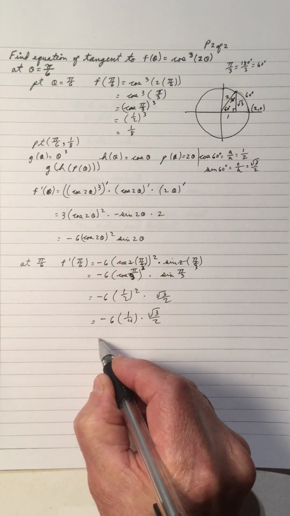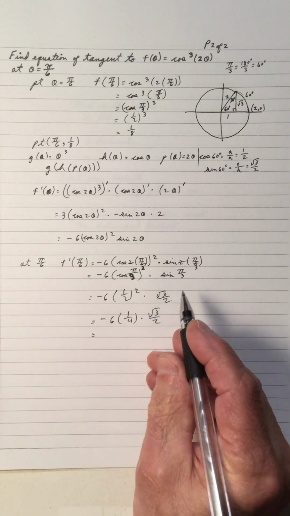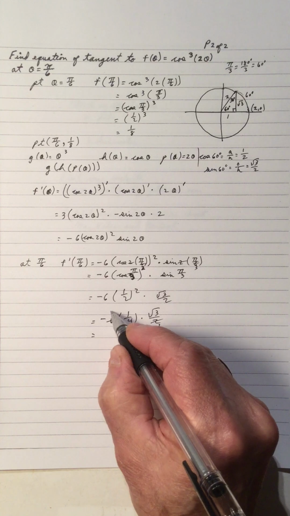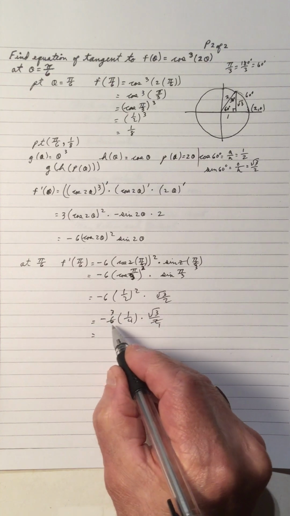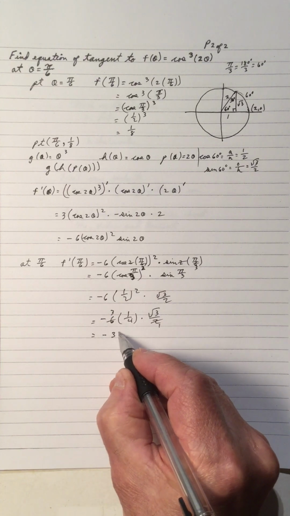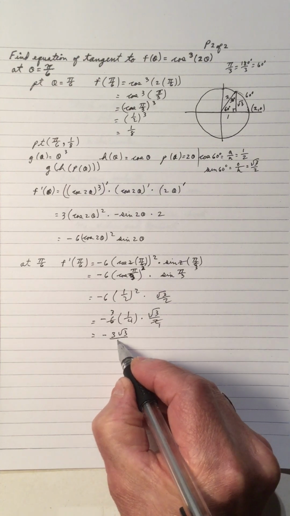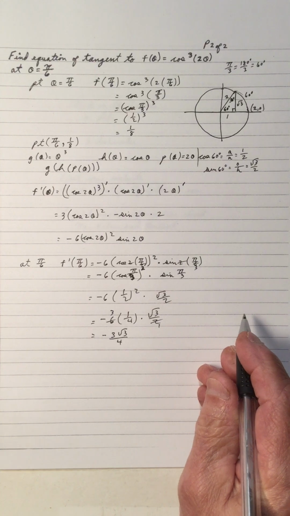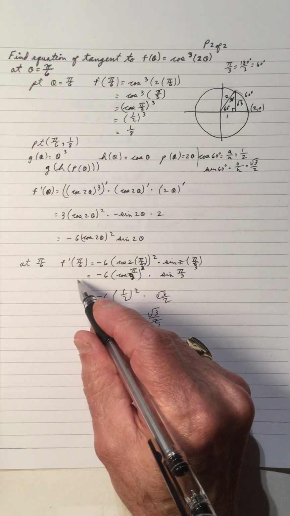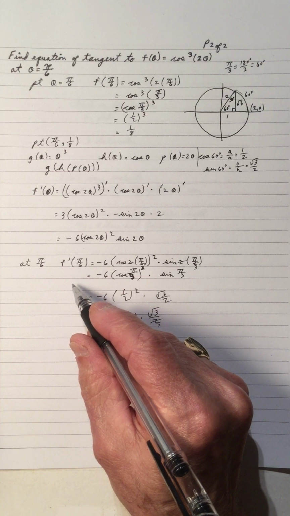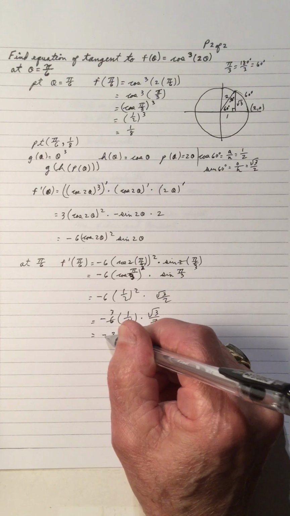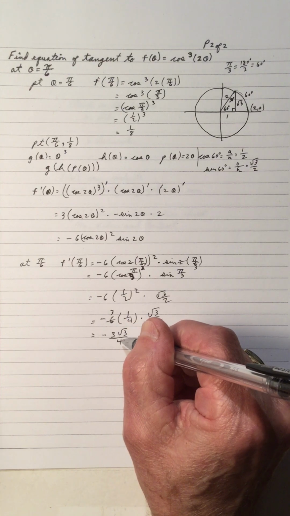Now we're going to multiply all these, and we got fractions, so we can cancel. 2 into 6 goes 3, so that gives us a negative 3 root 3 over 4. And so that's the slope of the tangent at pi over 6, which works out to be this value of negative 3 root 3 over 4.